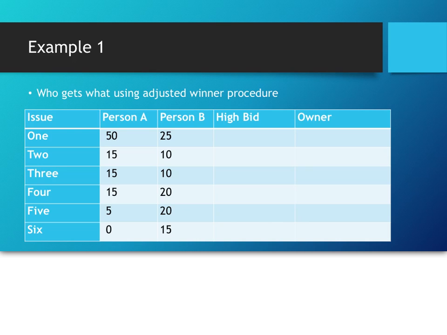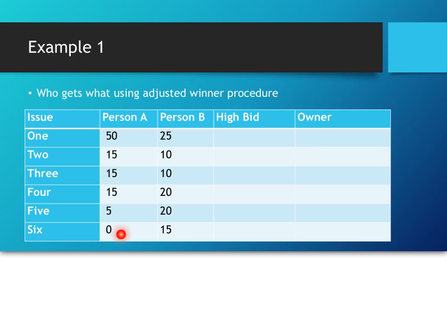Here we see a number of issues. Here we have 6 issues. There are two people bidding on these things. Person A really values issue number 1 very highly, obviously. They spent half of their points on it.